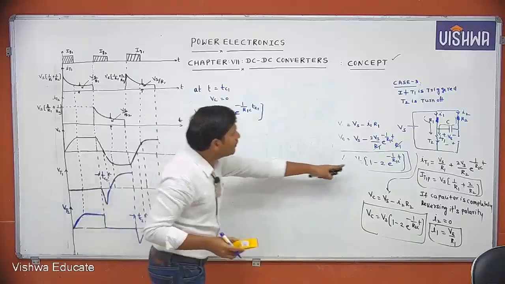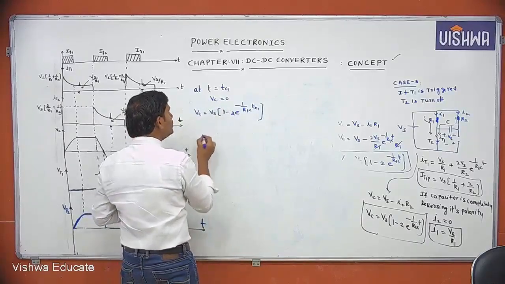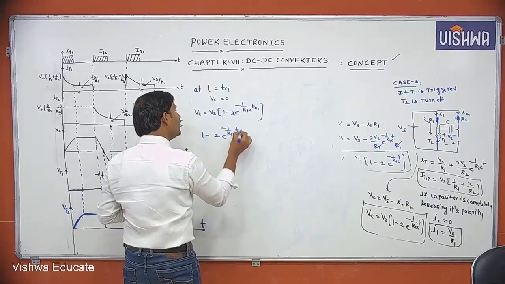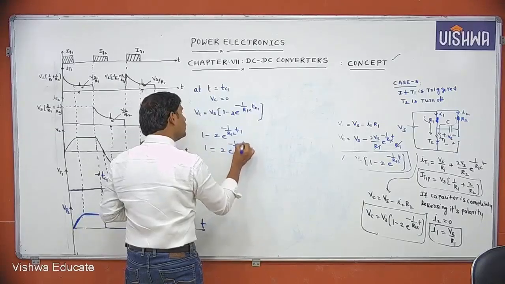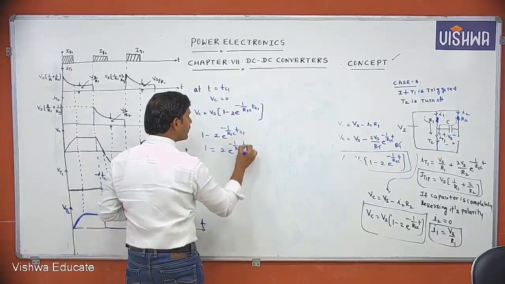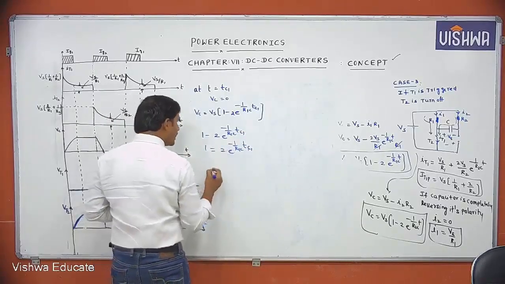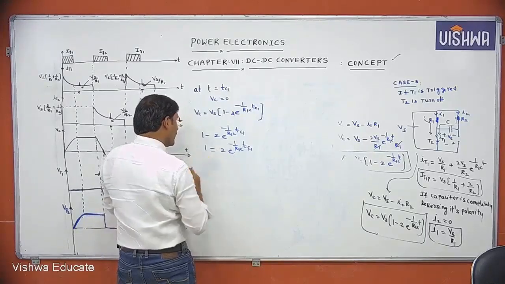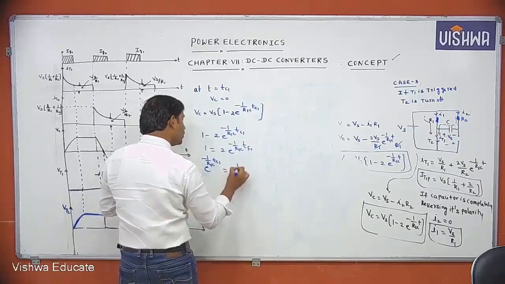I have taken this equation because I am defining this with respect to the T1 thyristor. Then Vc equal to 0 means 1 minus 2 into e power minus Tc1 by R1C equals 0. That is 1 equal to 2 into e power minus Tc1 by R1C. Take natural logarithm on both sides. Then e power minus Tc1 by R1C equals 1 by 2.